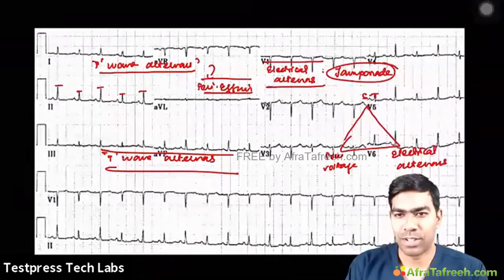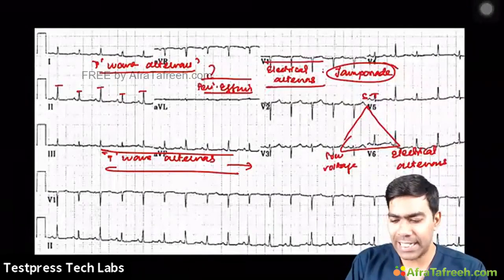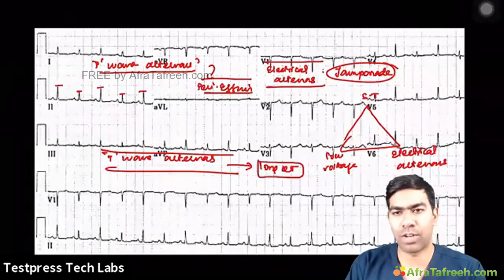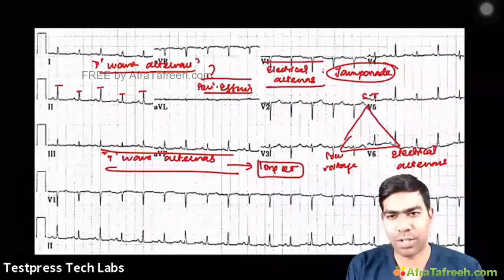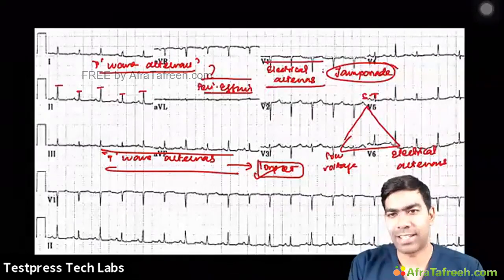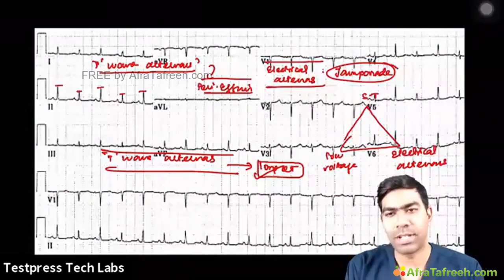I misunderstood. No, T wave alternans you can basically see in long QT syndrome, especially this is very pathognomonic for long QT. If you have varying amplitude of T waves, that's a sign of a long QT, and there is a high risk of death. Even though I made fun of him, he's actually right.